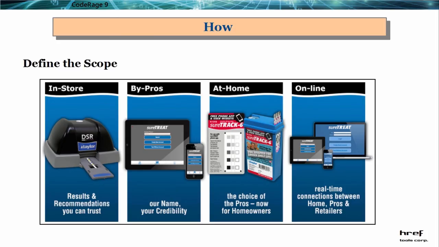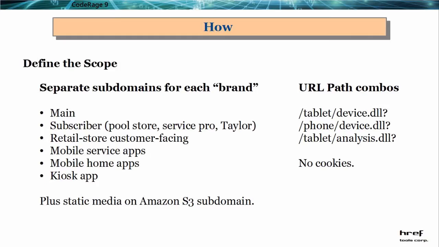3 keys to success. The first is define the scope and URL patterns. In the case of SureTreat, this meant animated discussions. Eventually, they were able to distill a matrix of use cases, hardware, and URLs. One domain is used for each co-marketing brand.